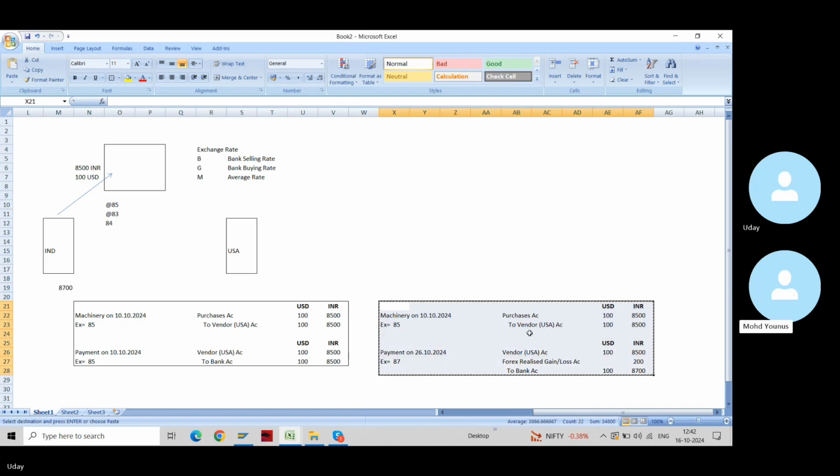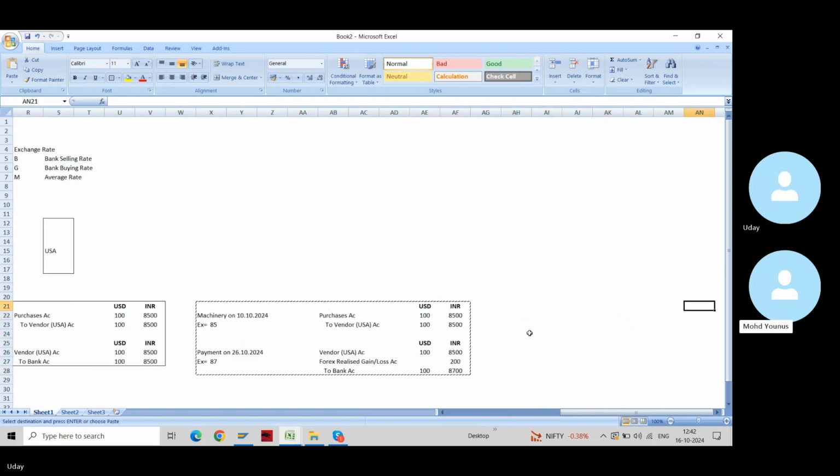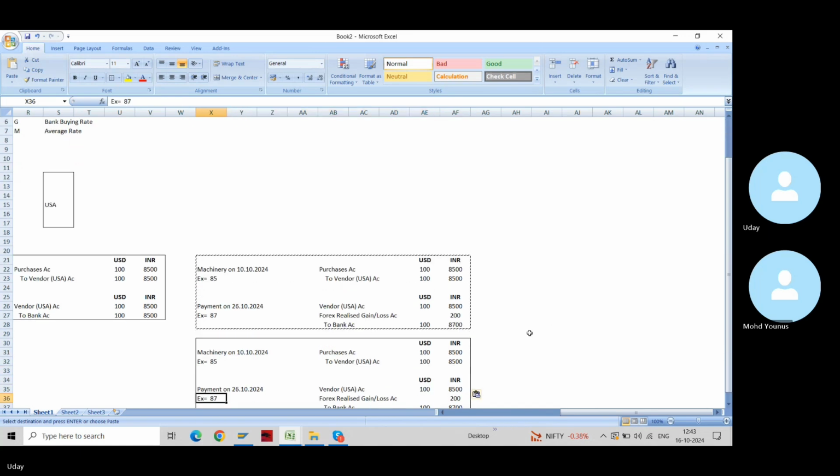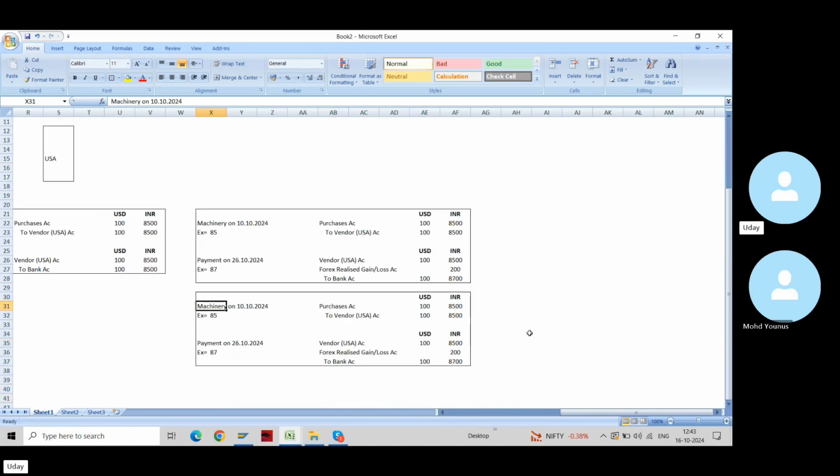If the dollar rate increases, it will be a loss for us. If it decreases, it will be a gain for us, and that will come under the credit side of profit and loss.